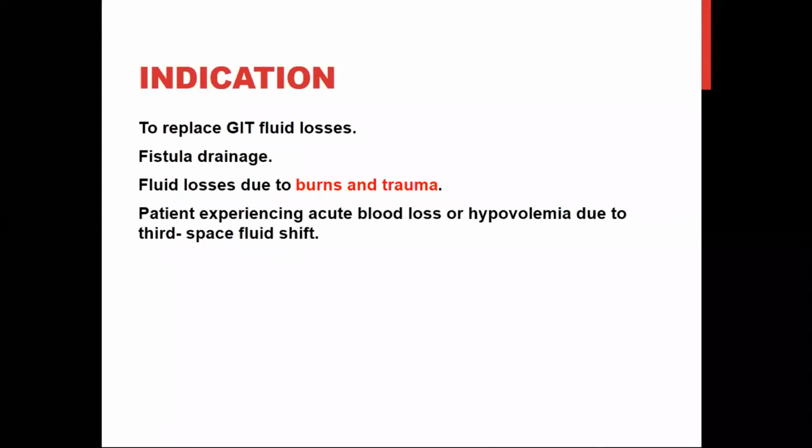Patient experienced acute blood loss or hypovolemia due to third space fluid shift. We have an example of third space fluid shift, for example in pancreatitis, they develop hypovolemia due to third space fluid shift. The preferable fluid is ringer lactate.